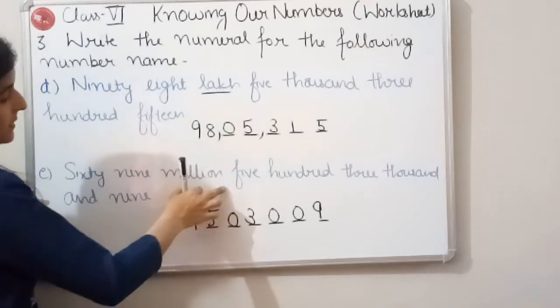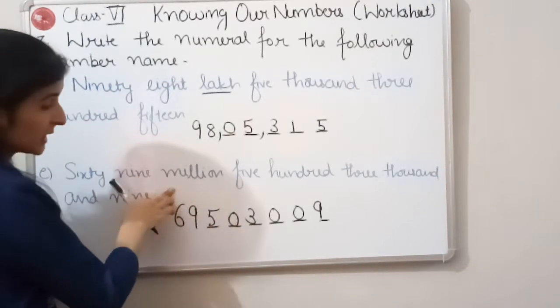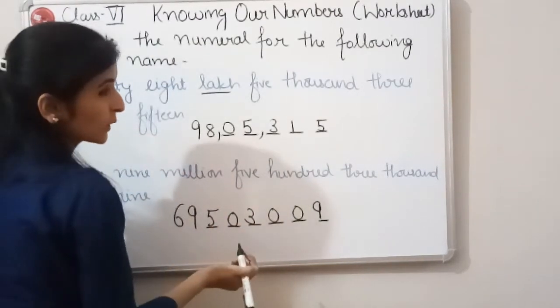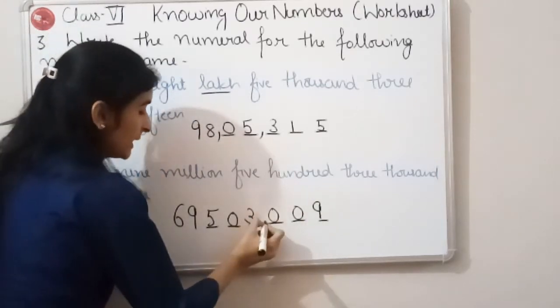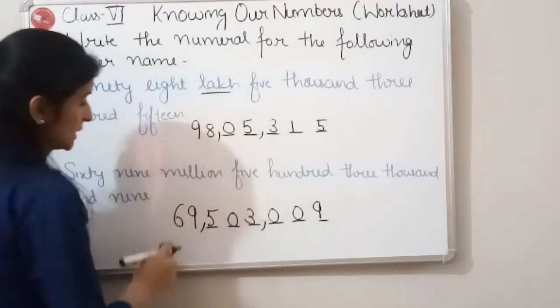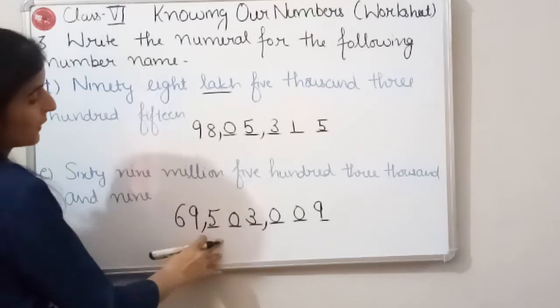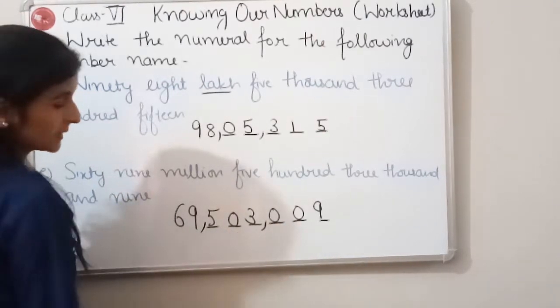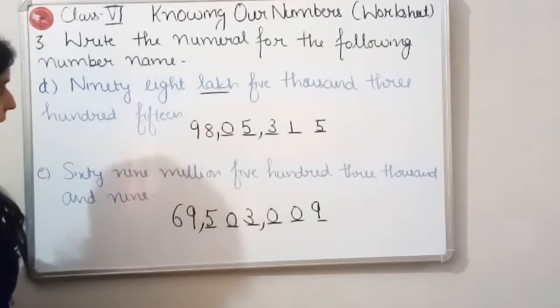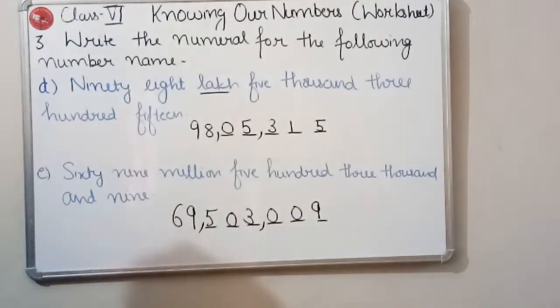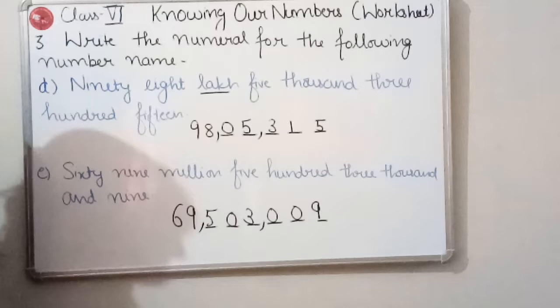Now it is according to the international number system. So after leaving three places, this is 69,503,009. Okay, so this is the method to write the numeral for the given number name.